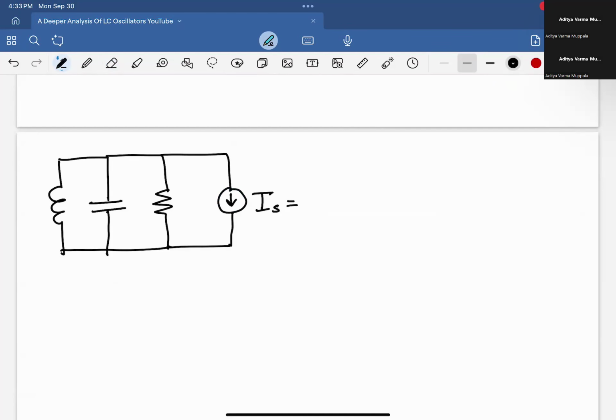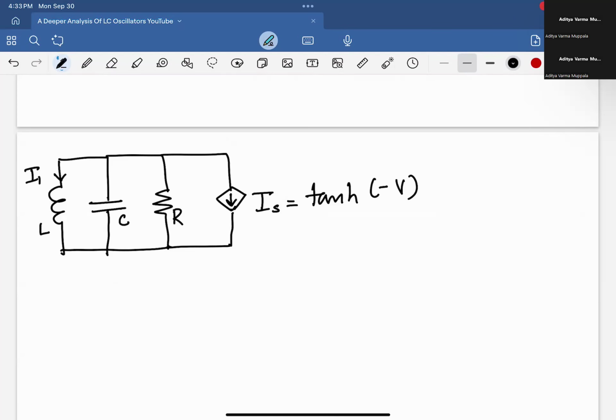I_S is equal to, maybe I should put it in a diamond. And I_S is equal to tanh of minus V. I'm just setting R to 1 for simplicity, but you can change it if you like. Okay, and then we'll say this is R, C, and L.